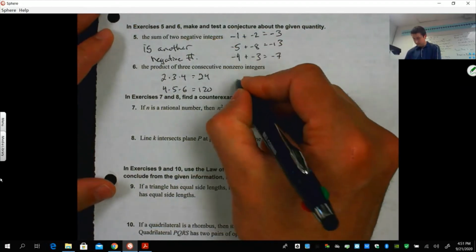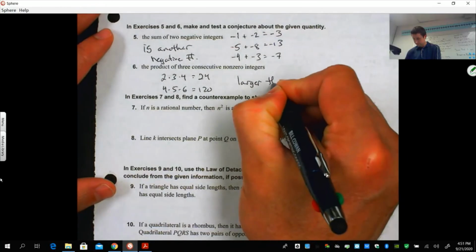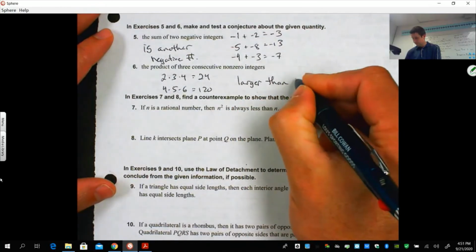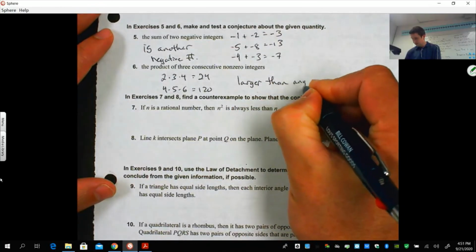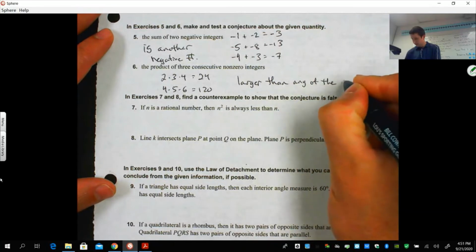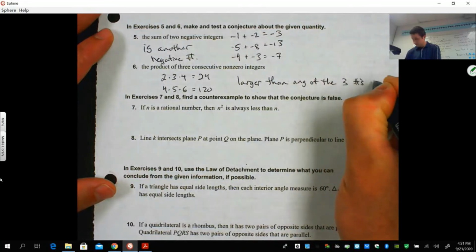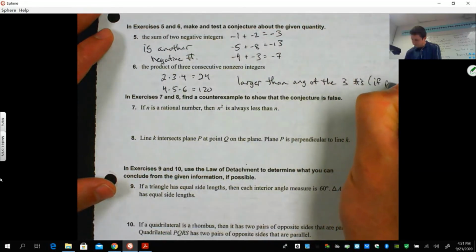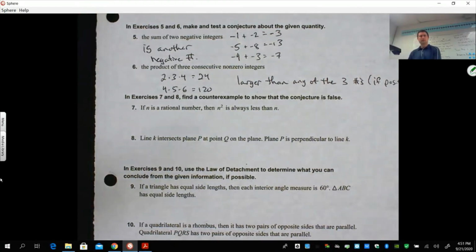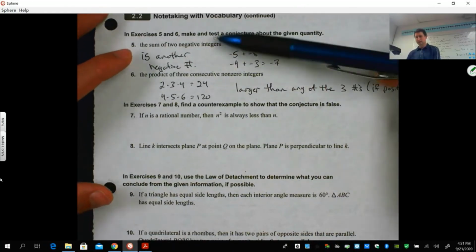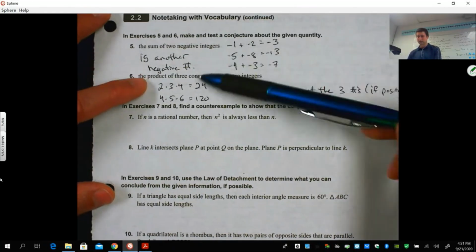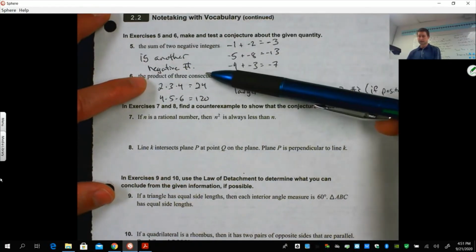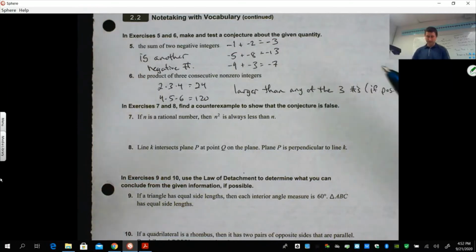I'm just going to say it is larger than any of the three numbers, if positive. Okay? So that's what this is looking at, is just coming up with some examples that fit this criteria, and then coming up with a rule that says, okay, I think this is what we can conclude from that.